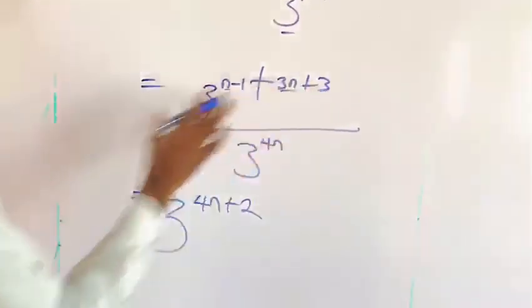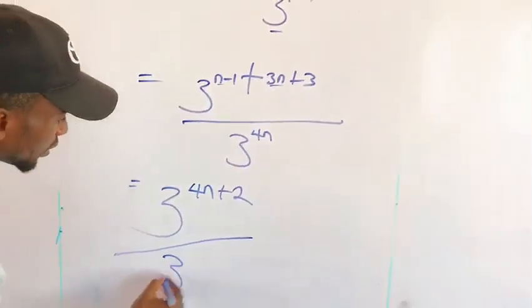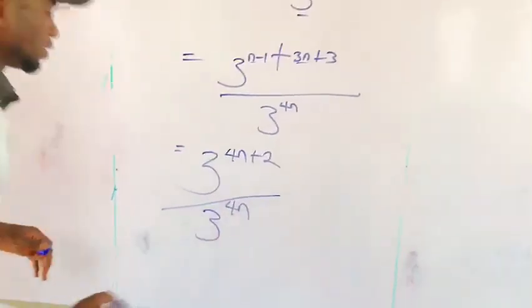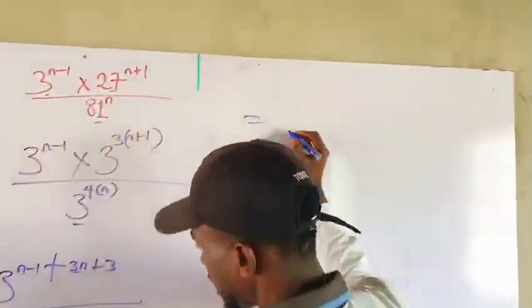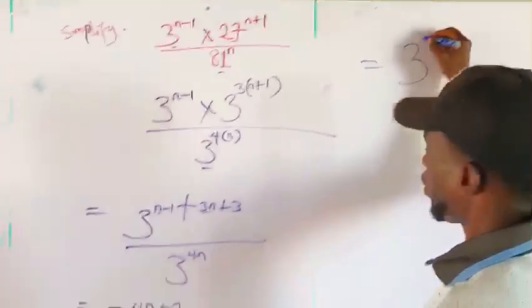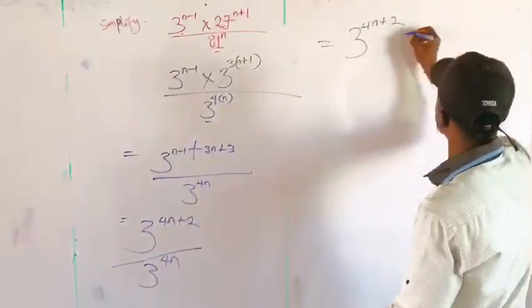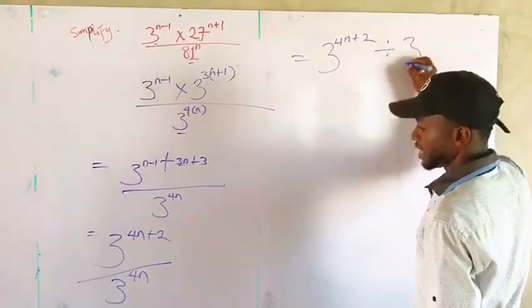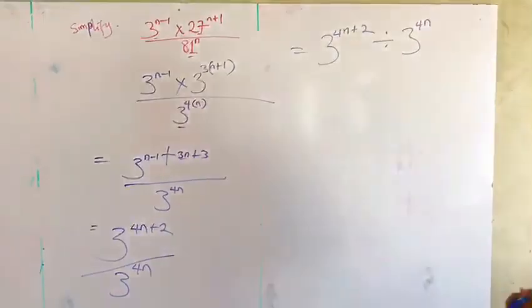I'm done with the addition of the power now. All over this one, 3 raised to the power of 4n. This is what I'm having on the board. This is equal to 3 raised to the power of 4n plus 2, over, meaning divide by, 3 raised to the power of 4n. This is what I'm having.